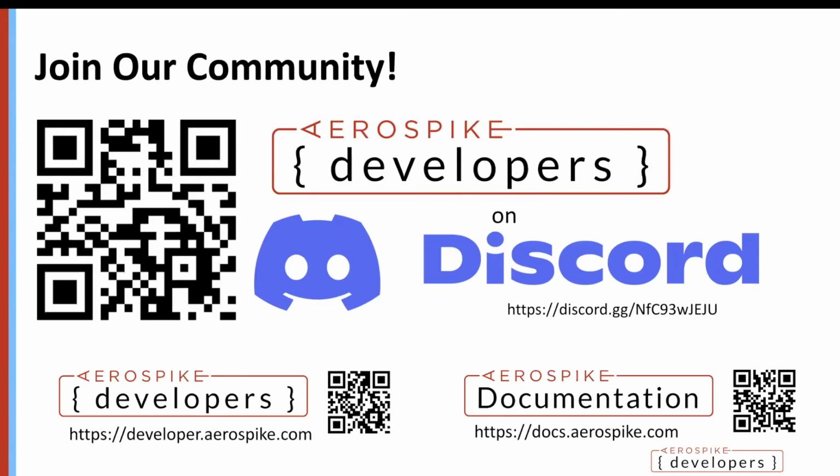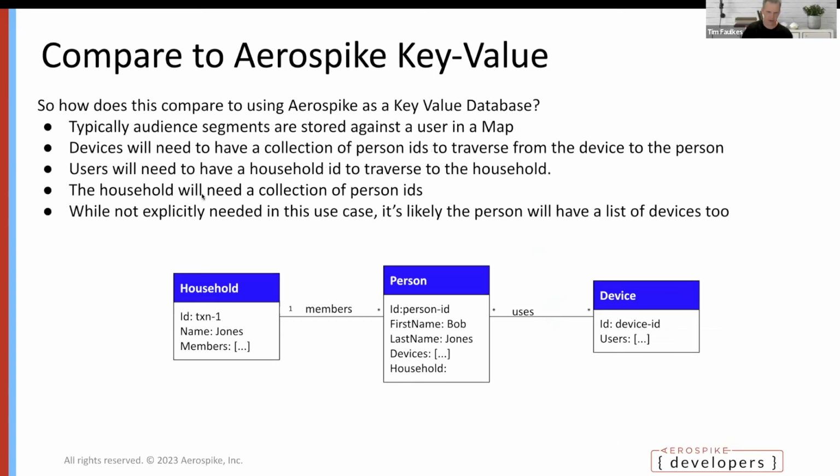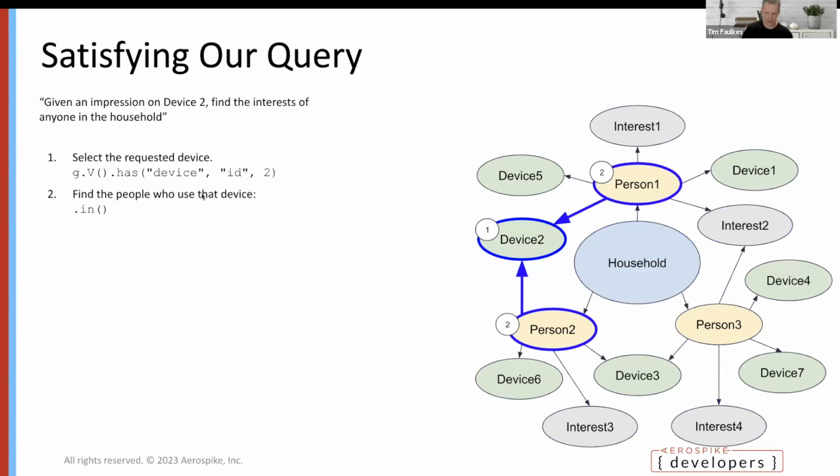But that's okay. Let me go into a couple other questions here that we have. How do we know to model a person in the example data model? Wouldn't it be something like an email address? One of the things that I actually forgot to say is there's a whole bunch of different ways of modeling things. I'm going to jump back to that relationship slide, the simple version of this. This is how I decided to model it.